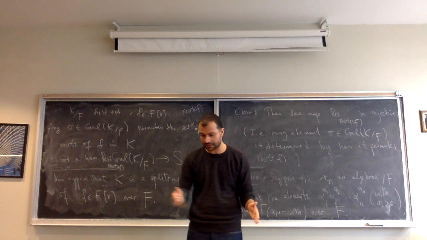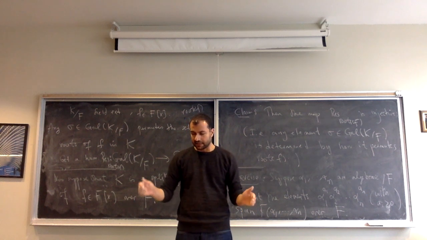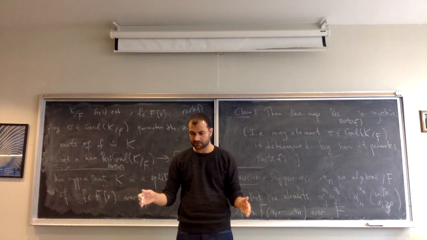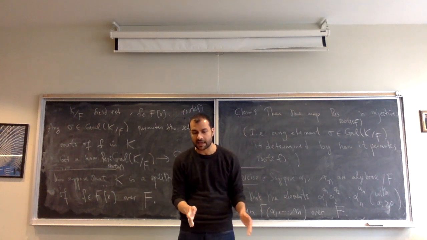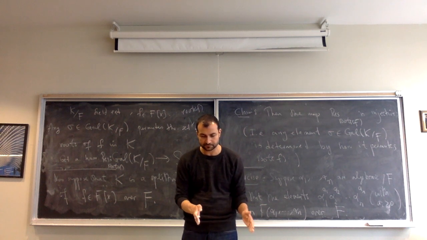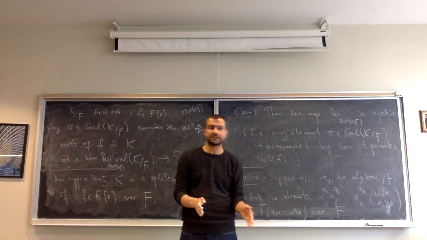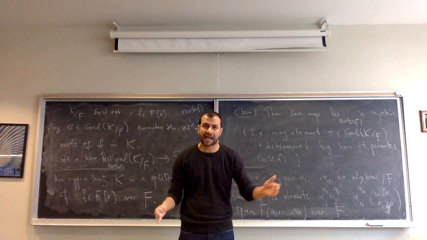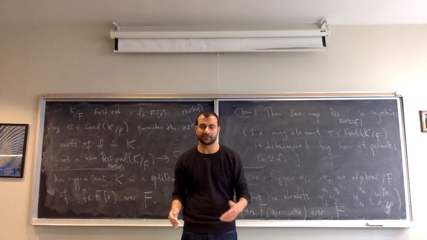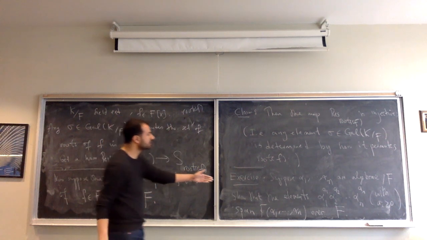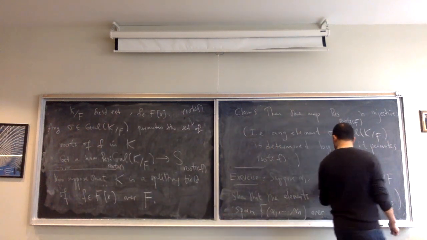If you have elements betas which span L over K, and you've got elements alphas which span K over F, then the product of alphas and betas, so alpha i beta j, those elements are going to span L over F. That was half of the proof of the degree formula. So that's what you're going to use, and you're going to do it by induction on n.